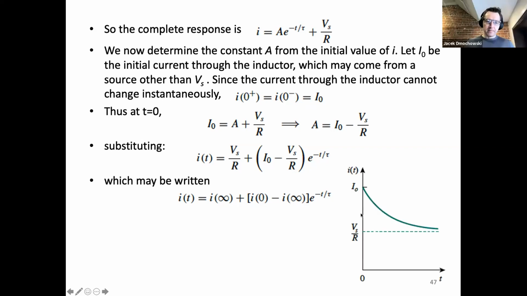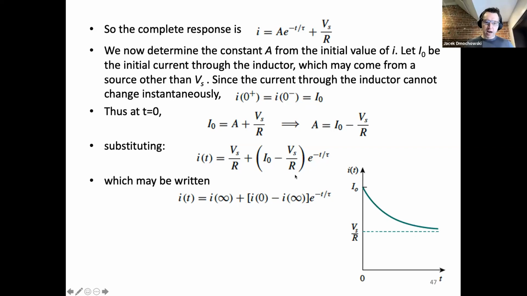And so in this special case, let's just draw a picture, which may make it better. Let's say that our current starts out at a positive, non-zero value, which we're going to call I naught.